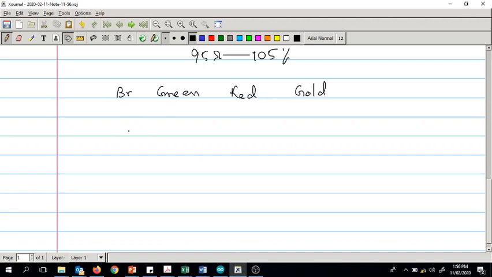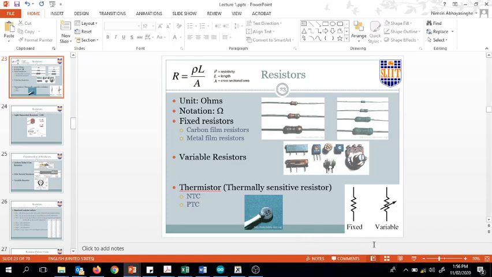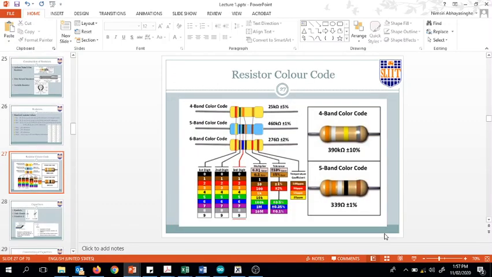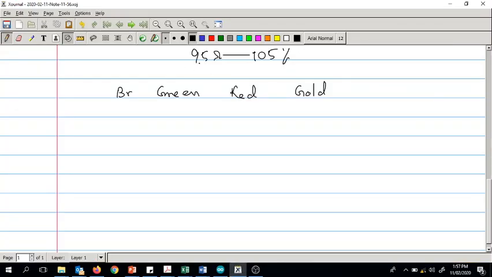The first 2 you write as they are. Brown is 1, green is 5. You write those 2 numbers as they are.